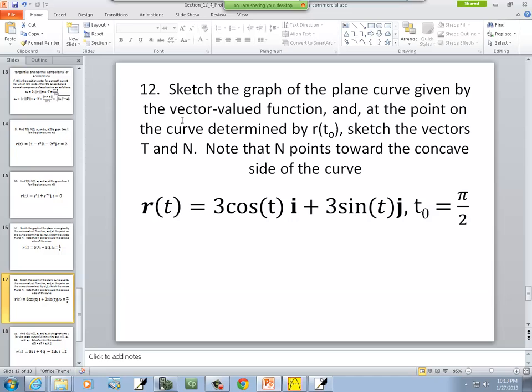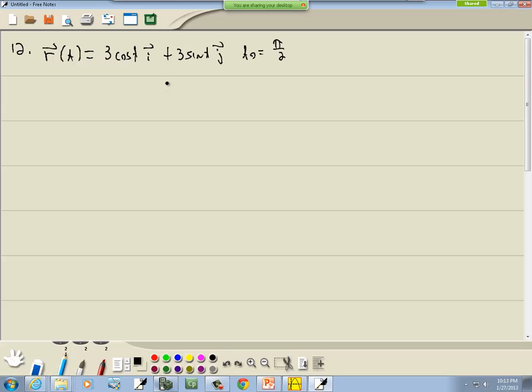Okay, well, let's find T. This would be a circle, wouldn't it? We'll find r prime first. So the derivative of cosine is negative sine, so this will be negative 3 sine t i plus 3, and then derivative of sine is cosine, so this would be 3 cosine t j.